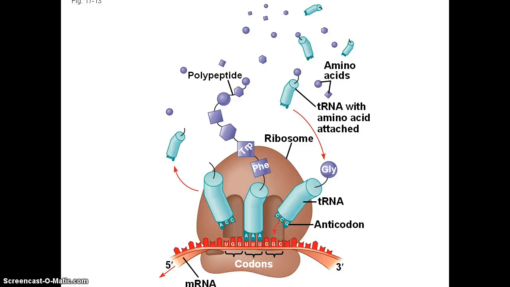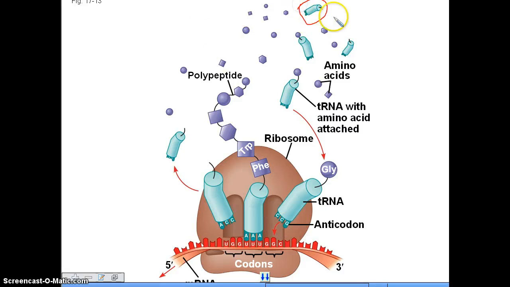Here's how it all ties together. tRNAs can float around in the cytoplasm, or inside us all, and they will attach to specific amino acids. They will then carry these amino acids to the messenger RNA on the ribosome. Now notice how the anticodon is complementary to a particular codon on messenger RNA.